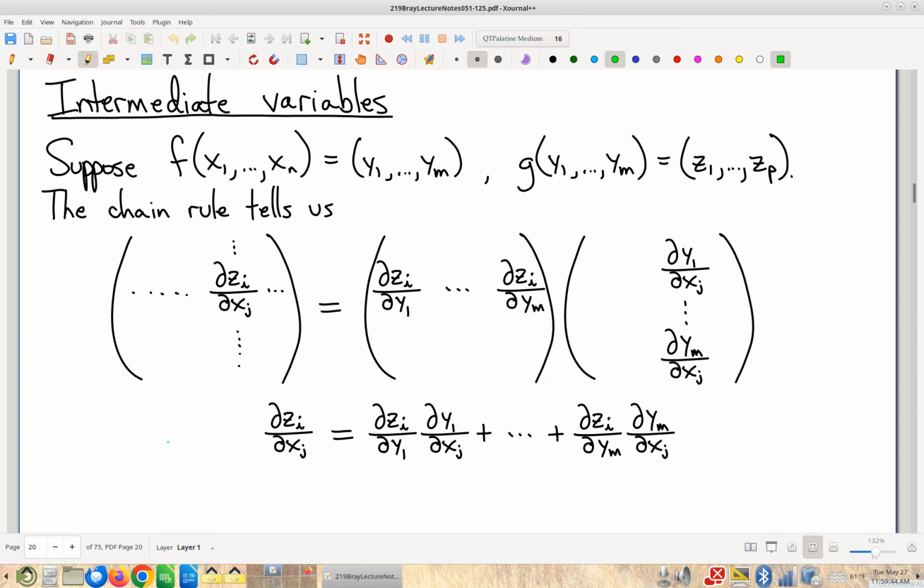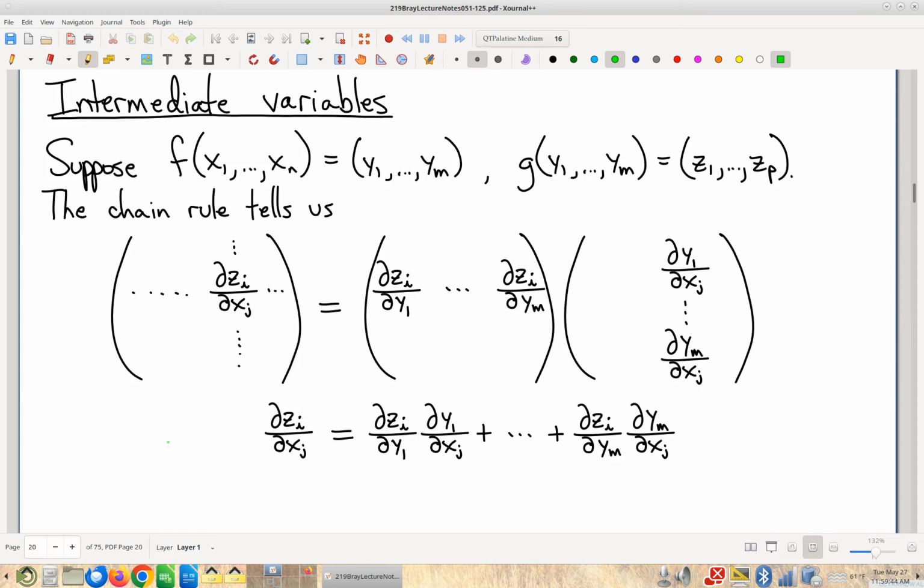Changes in xj will propagate along that path. And this term right here is the combined factor, given both of the steps in this path, of how much xj changes cause zi changes as propagated through y1.